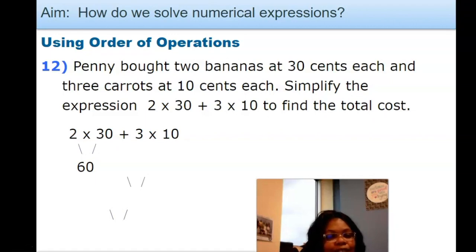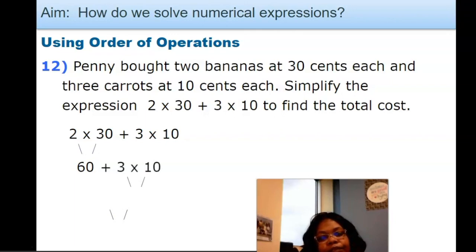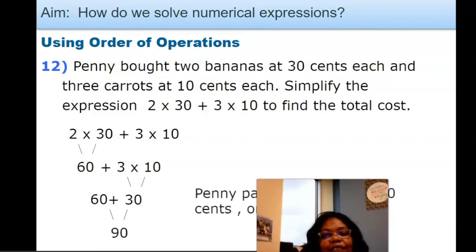Good job. 30 is correct. So 60 plus 30 is, good job, 90. So Penny paid a total cost of 90 cents.